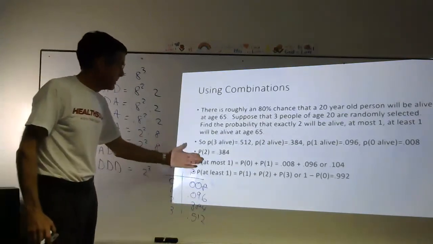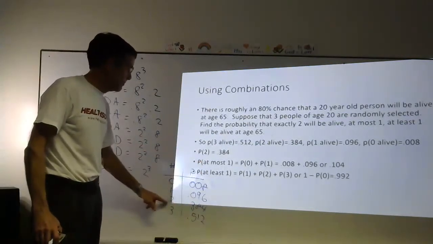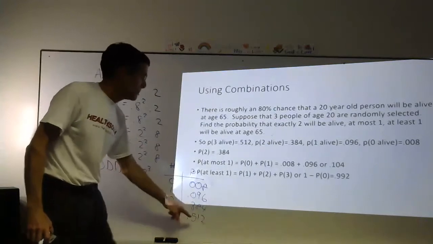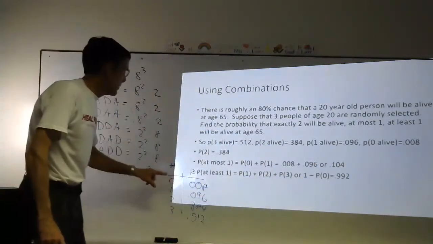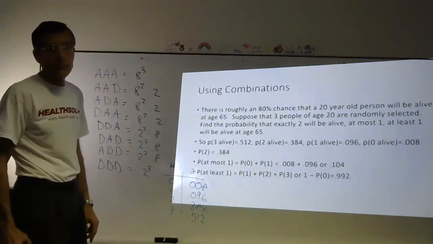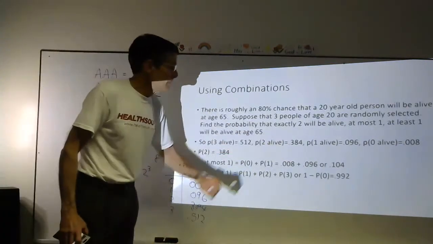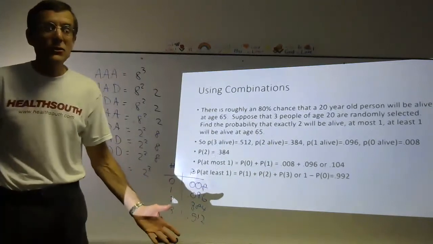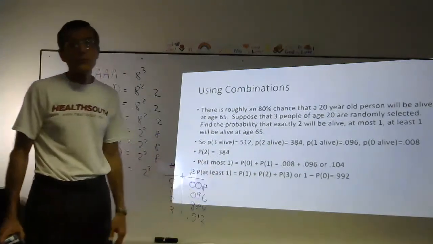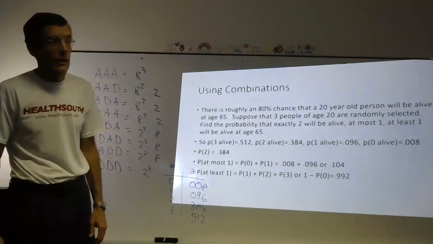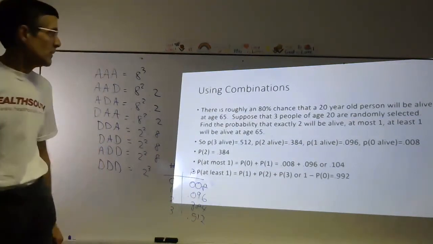How about the probability of at least 1? Could be 1, could be 2, could be 3. You can add these 3 up here, or you could take 100% minus the probability of 0, right? And you're going to get 0.992. So it's like a 99% chance there's going to be at least one person alive at age 65, okay?